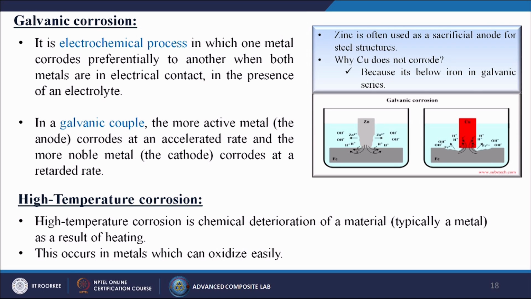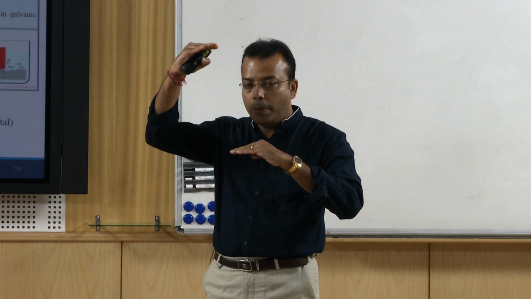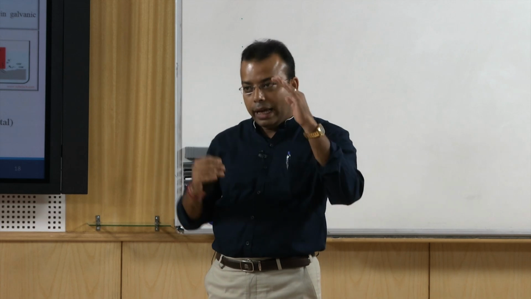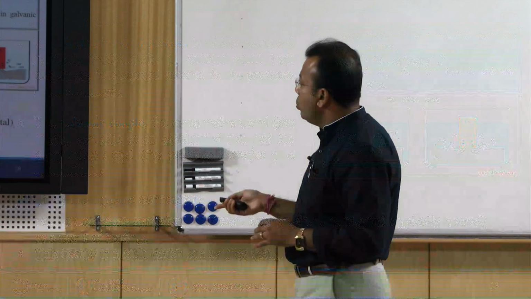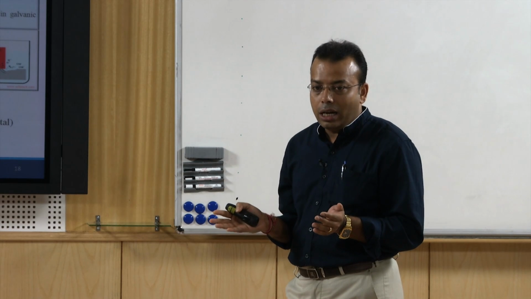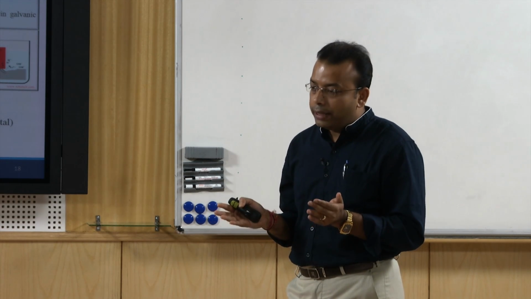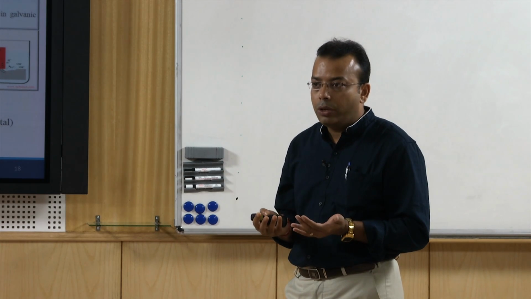And in the copper and iron case, the iron is eroded rather than the copper, because copper is below iron in the galvanic series. So the material at the top of the galvanic series will erode more than the material at the bottom. From this we can easily detect which material will be eroded faster and which slower.